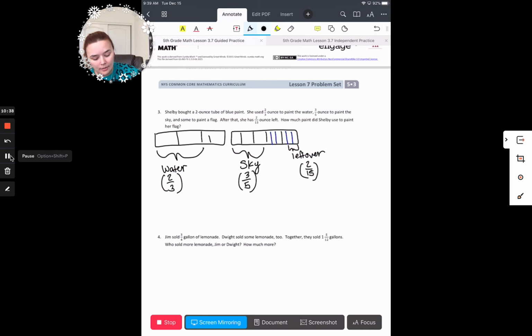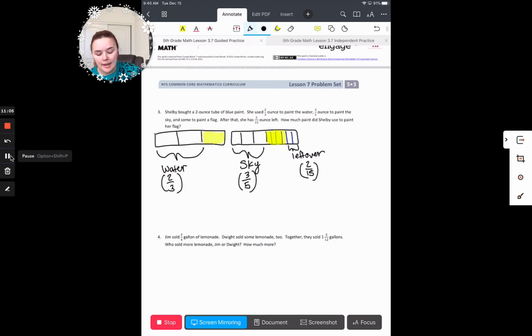Actually, I'm going to highlight the pieces for the flag. That'll make it a little bit easier to see. So we have 1/3 for the flag, we have a 5th for the flag, and then we have a 15th for the flag. So we just need to add all of those together, and then we can figure out how much she used to paint her flag.